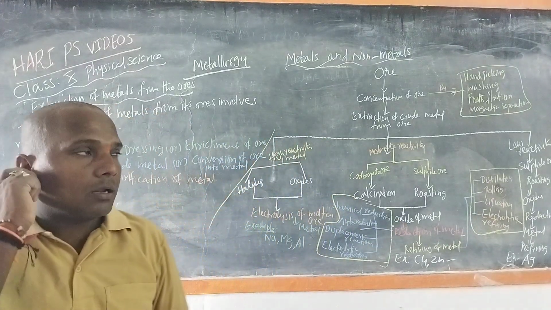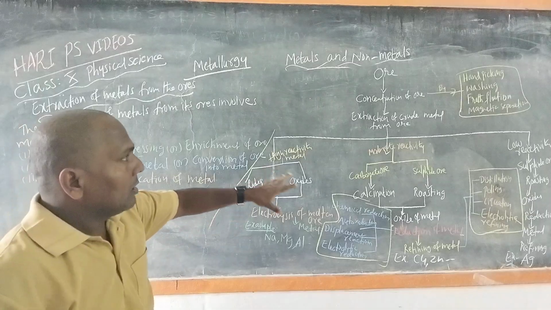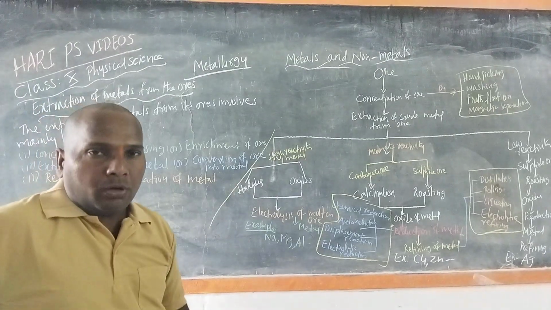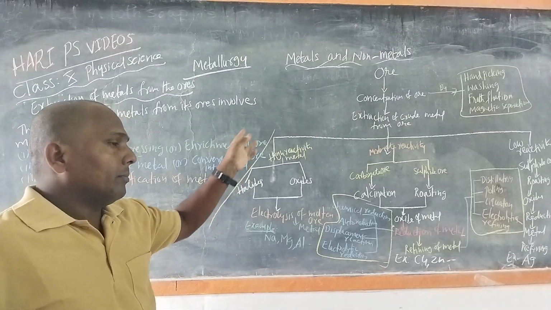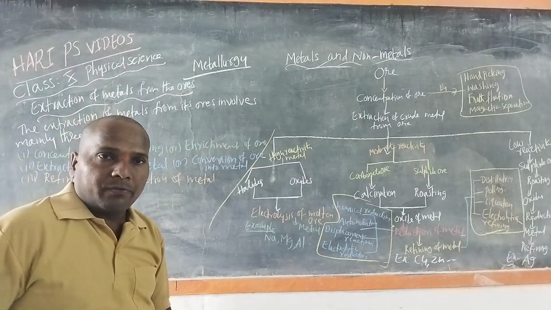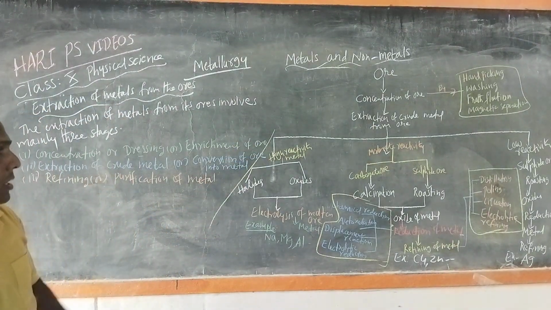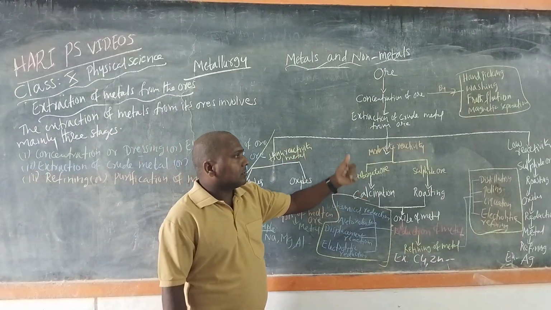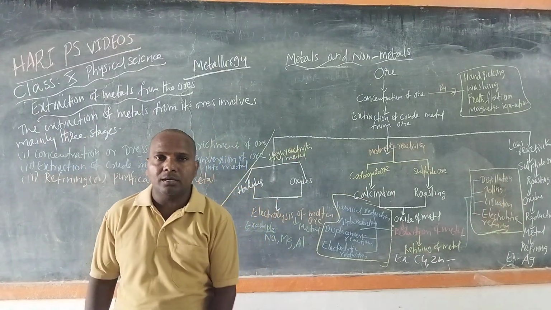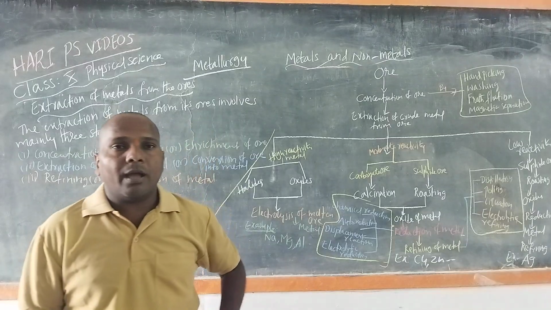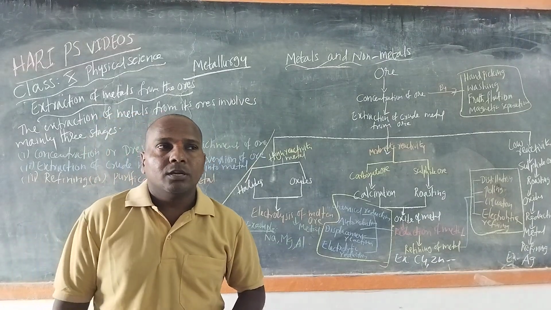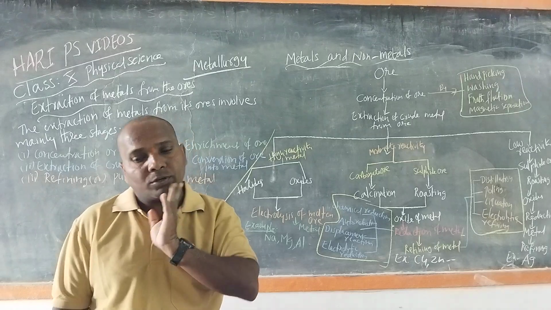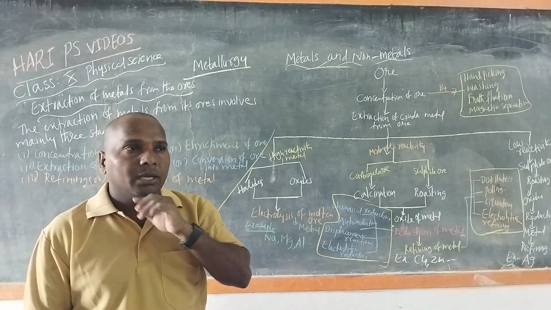So this is a simple mind map or flowchart to know how metals are extracted from their respective ores. Highly reactive, moderate reactive, and low reactive metals have different processes to extract the metal from their ores.